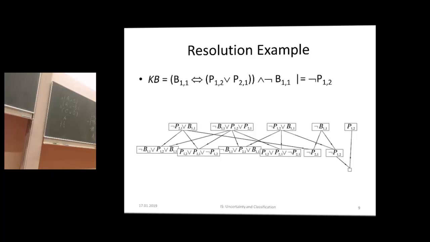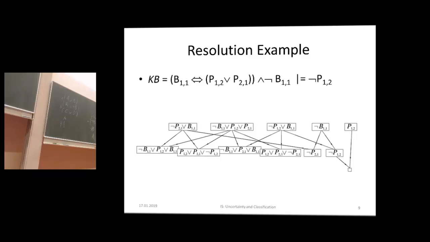So if we combine this clause, not P21 or B11, with this one, then we have a negation between the literal here and this literal. So what can we derive? Just have to follow these two lines. I'm not sure whether you can see that. So if you combine this and this, then you end up in this new clause, namely not P21.